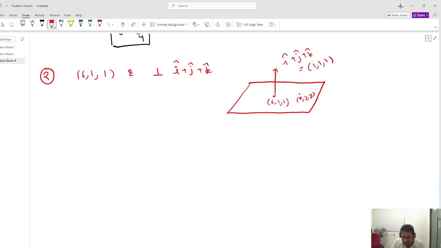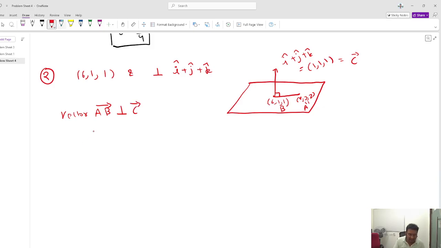Since this is orthogonal to the plane, it will be orthogonal to the vector joining the two points also. We can call the arbitrary point C, for example.